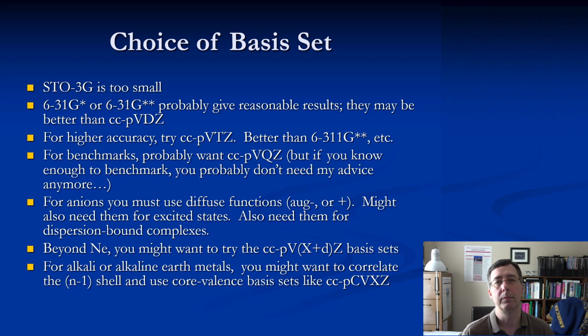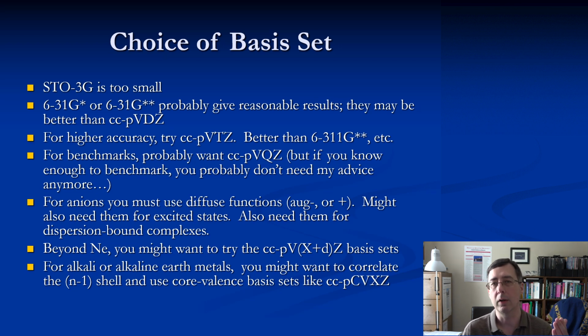And then finally, if I'm in group 1 or group 2 for the alkali or alkaline earth metals, then I probably want to correlate the n-1, the lower shell of electrons, and that's because the valence shell and the next lower shell are typically very close in group 1 and group 2.